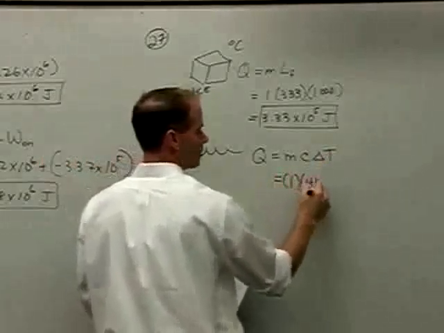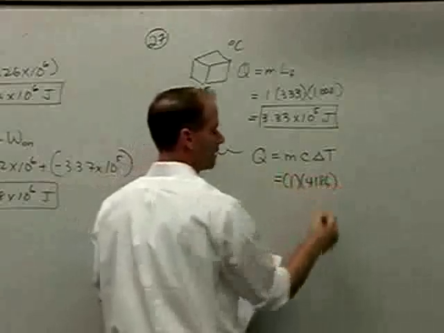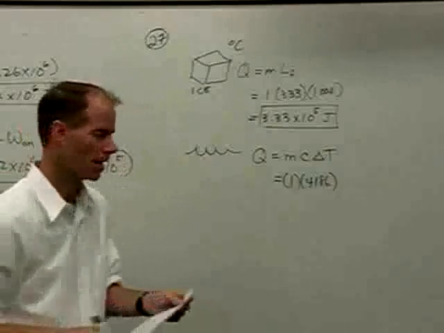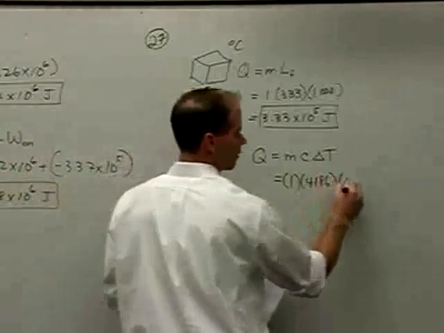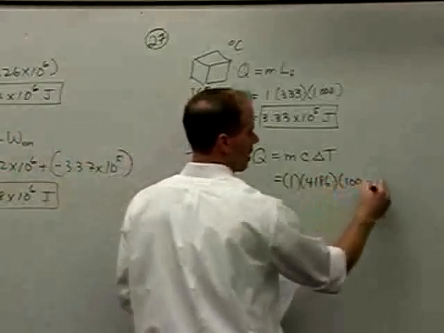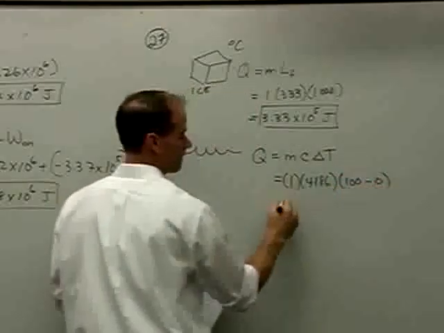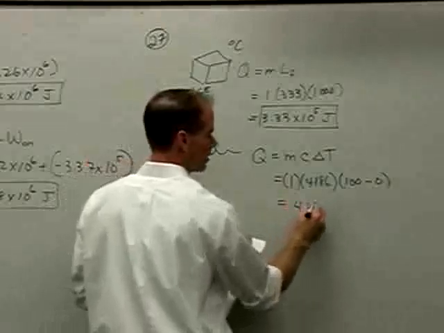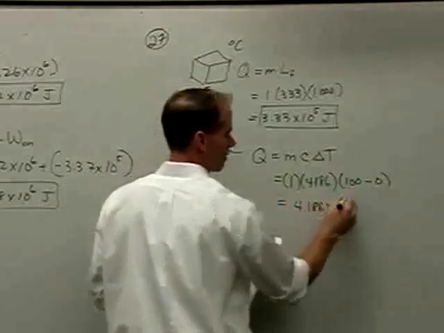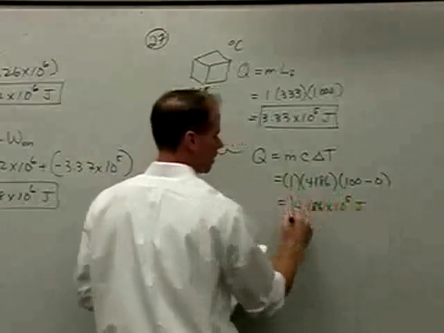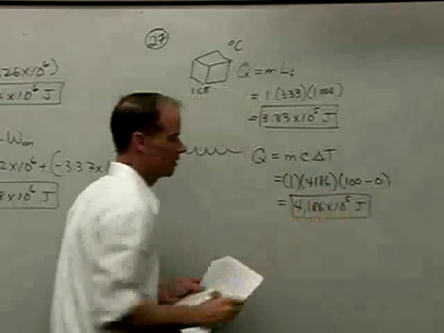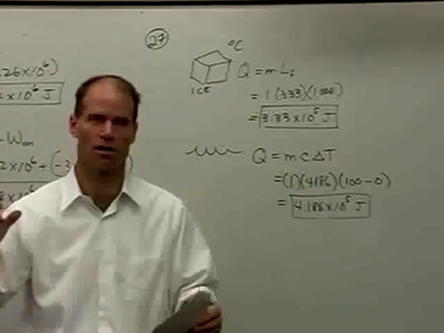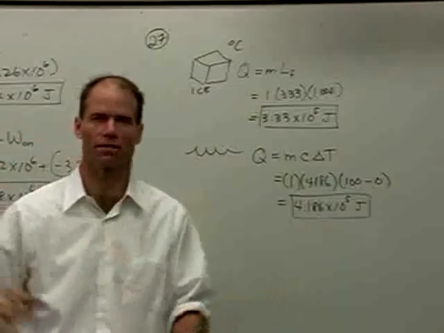The specific heat is 4,186 joules per kilogram per degree, and our change in temperature is going to be 100 degrees Celsius minus 0 degrees Celsius. So this comes out to 4.186 times 10 to the 5 joules. That would be the heat required to bring 0 degree water up to 100 degrees water, just temperature change, nothing else.